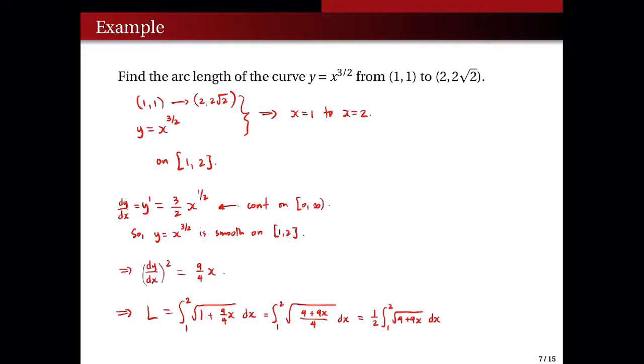If we solve this, we let u equal 4 plus 9x. Then du is 9 dx. If x equals 1, then u equals 13. If x equals 2, then u equals 22.